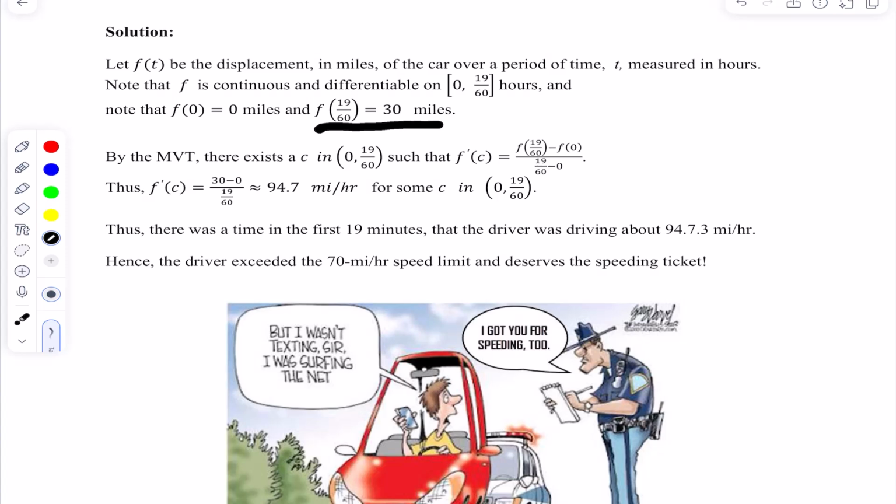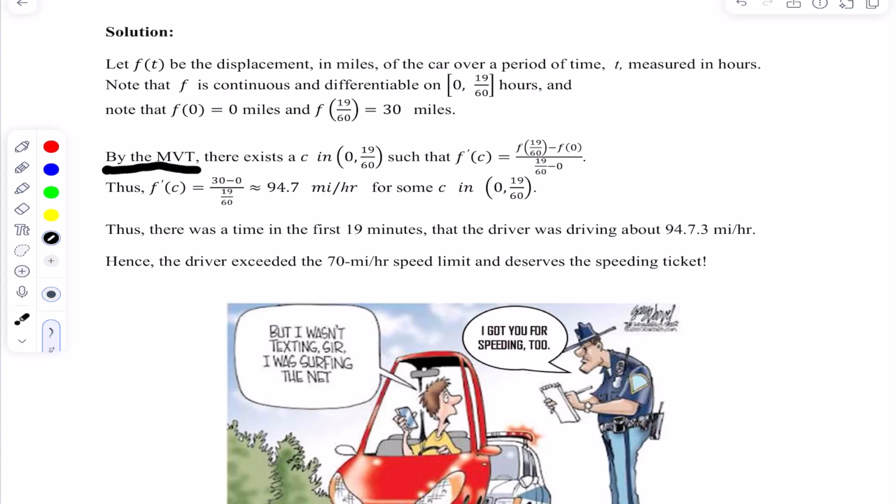And by the time the car reached the second officer, 19 minutes later, we get this output from the function. So even though we don't know the function, we don't know exactly what it looks like, we do know that the car traveled continuously and in a differentiable manner.